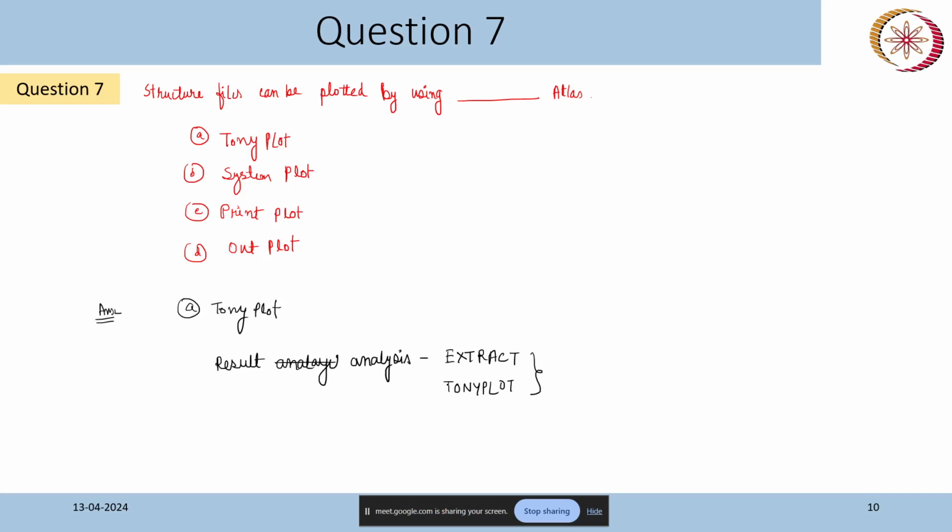So using this command, what can be done? We can basically plot different parameters, for example like carrier concentration, doping. Okay, so what we use for example, carrier concentration can be plotted.